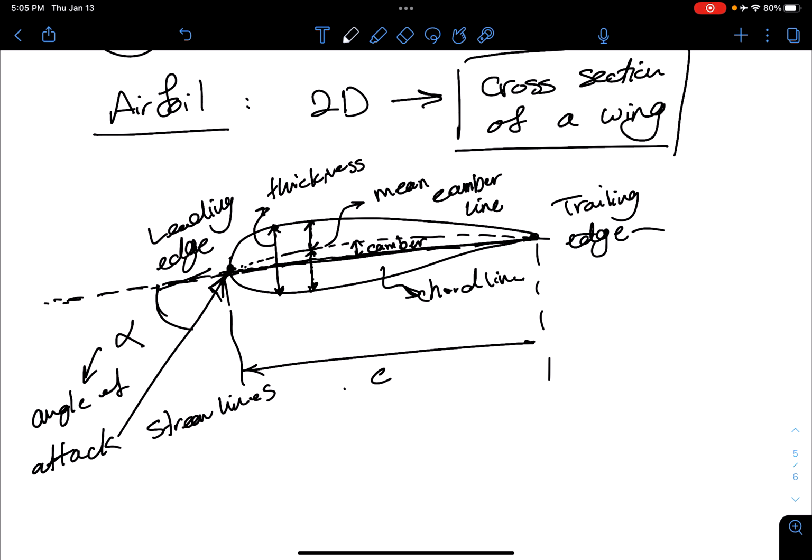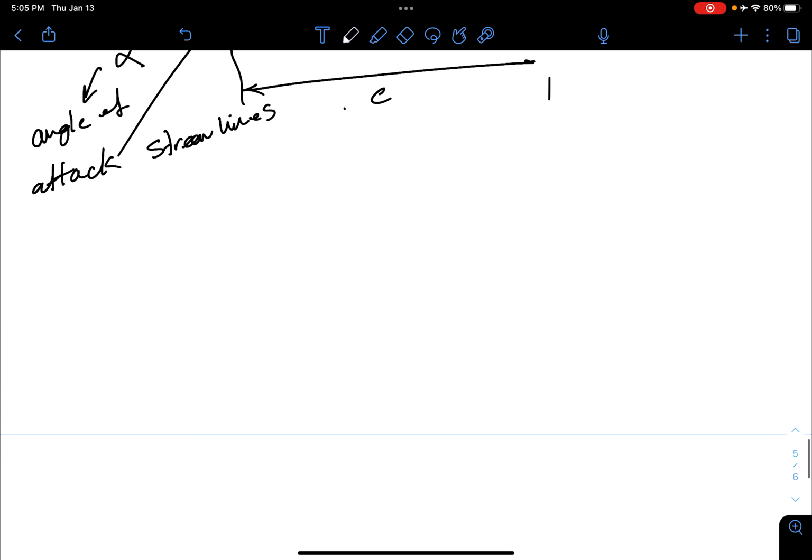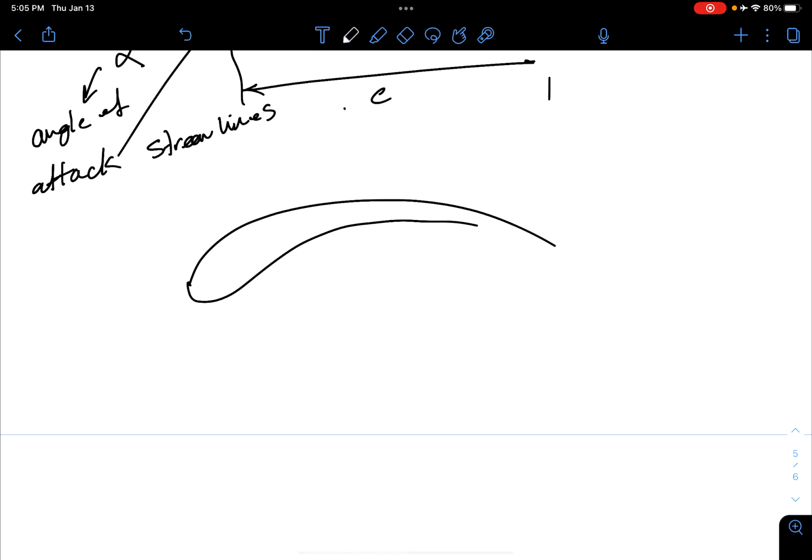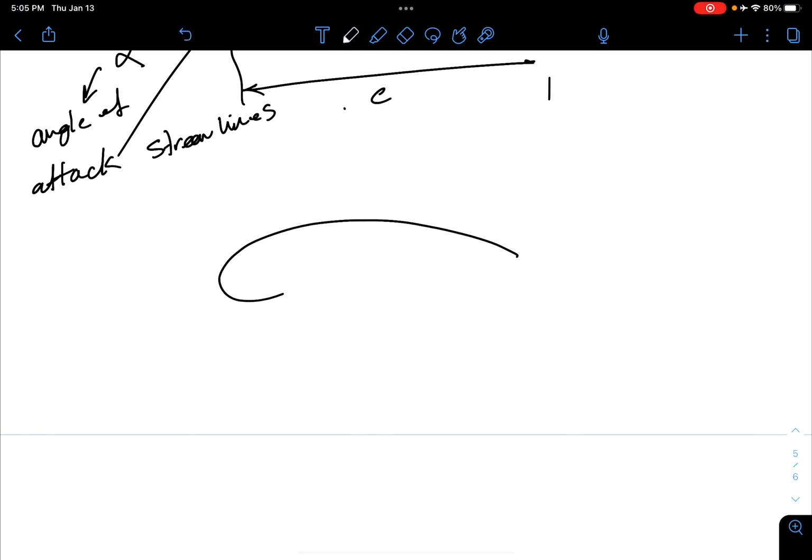Is the camber the curved line or the largest distance from the chord? Camber is the distance. Max camber is the largest. So let me try, this one didn't have that much of a curvature. Let me try with this type of airfoil. So for this type of airfoil, this is going to be your chord line, right?